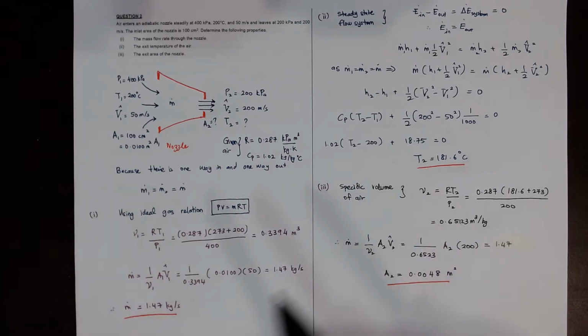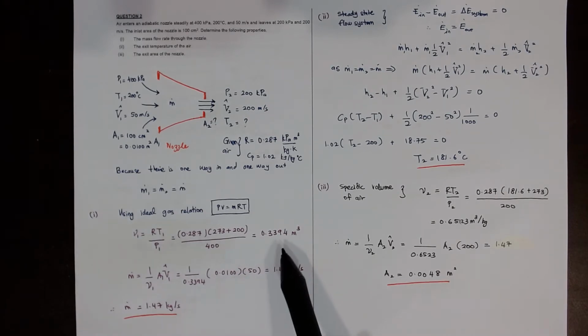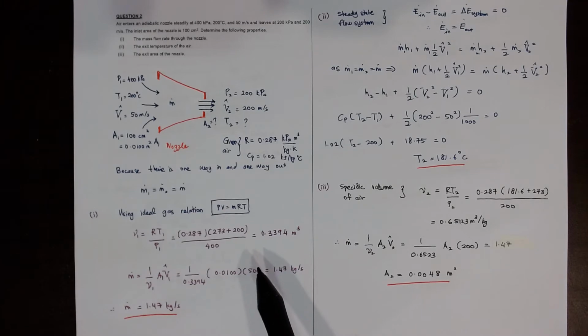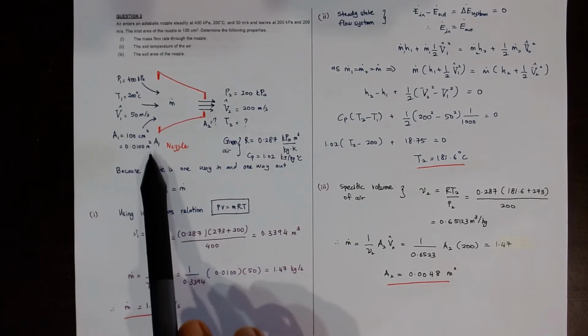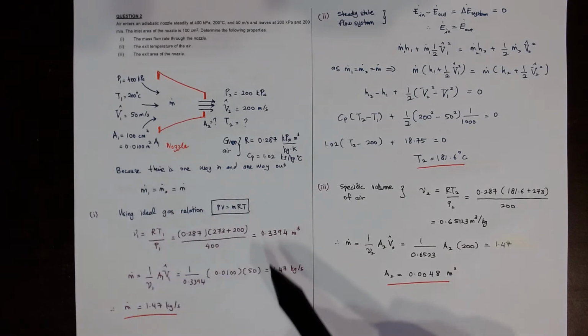This is the formula for the mass flow rate, which you can normally find in the exam appendix section. So m dot equals 1 over v1 times A1 times V1. v1 is 0.3394, calculated previously, times A1, 100 centimeter squared, which you have to convert to 0.0100 meter squared.